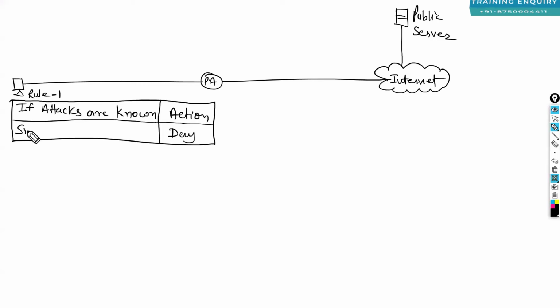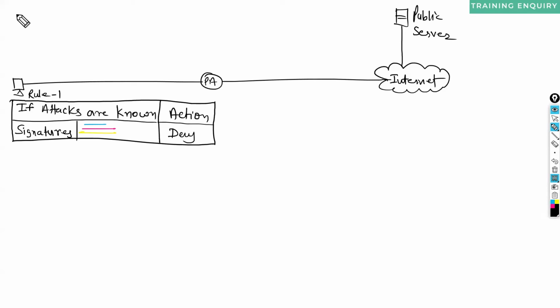How can we identify the attacks? Because at the firewall we have signatures. If the firewall sees a pattern like this and this in data, that should be considered an attack and should be denied.